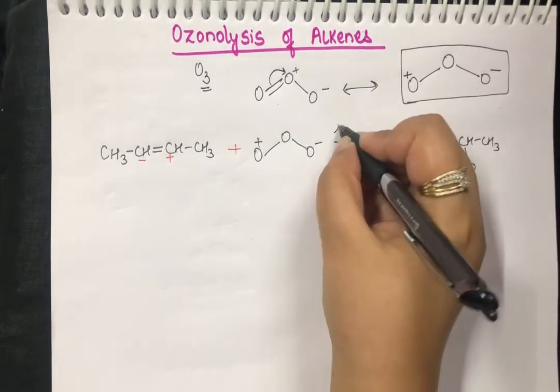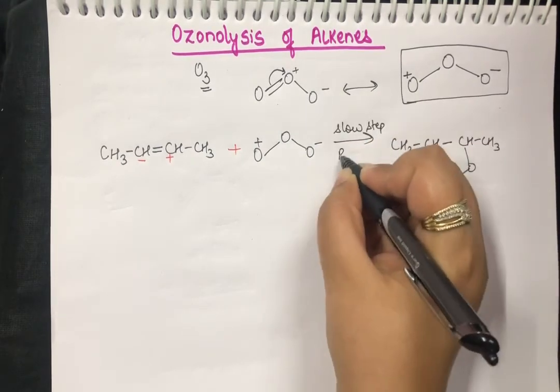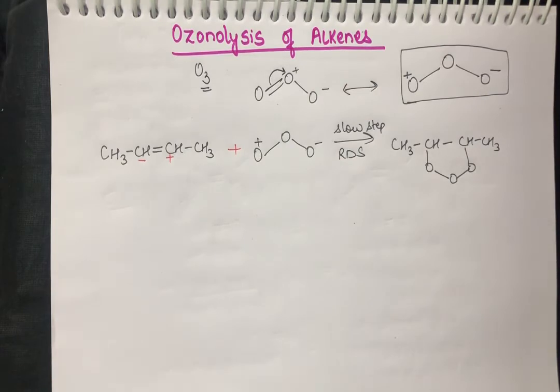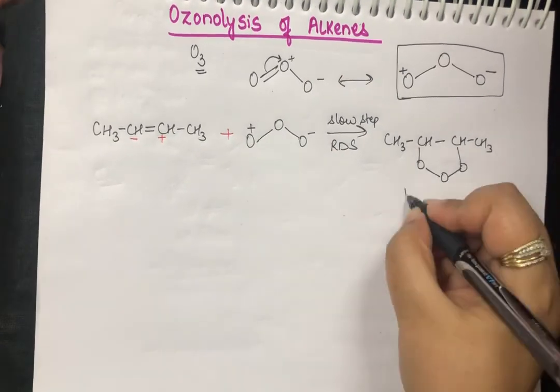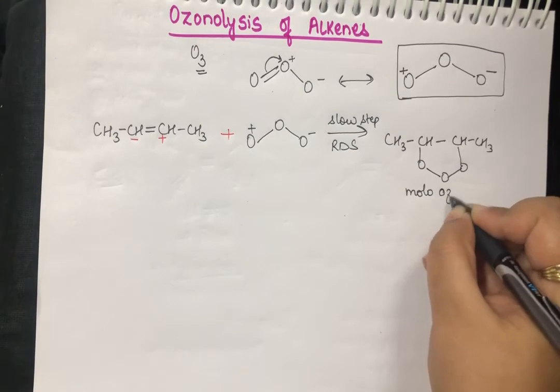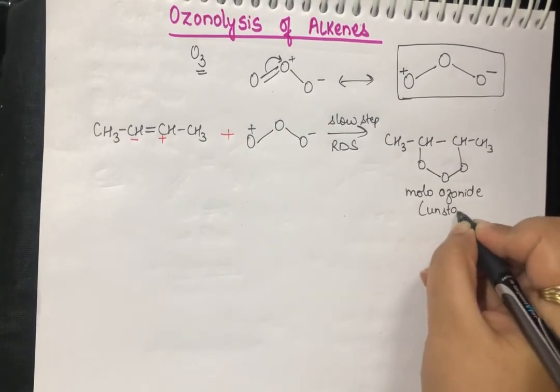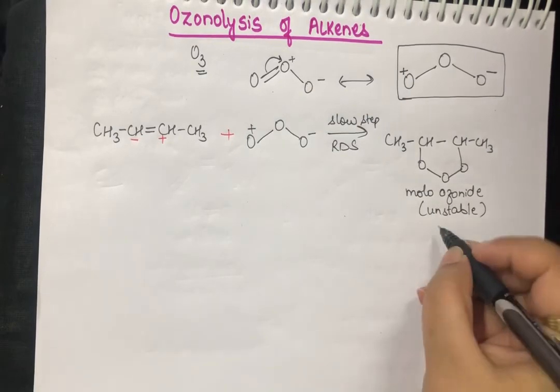This is a slow step, which is also your rate determining step. Now this is called molozonide, and it is very unstable. So now what will happen?